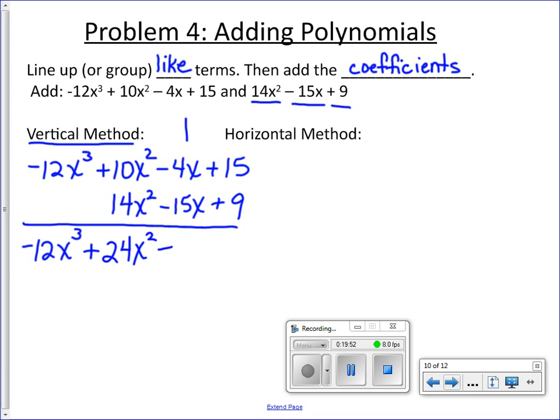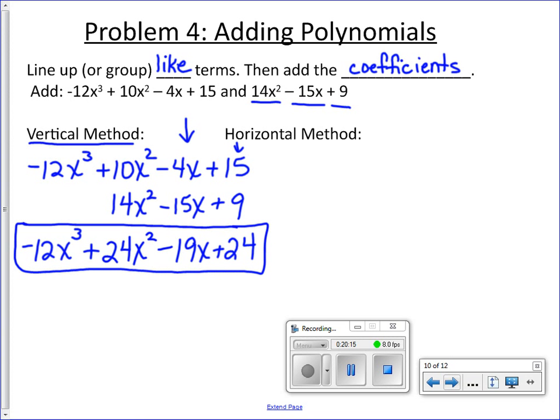And then I'm going to add the minus 4x and the minus 15x, which gives me minus 19x. And then the 15 plus 9 is 24. And there's my answer. It's long, but that is as simple as I can write it because I have combined all the like terms.